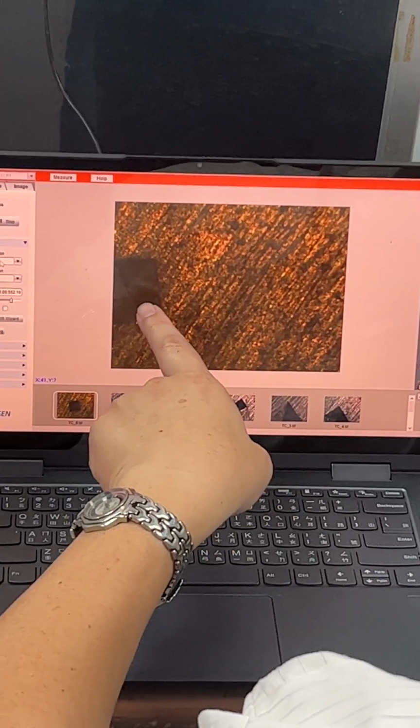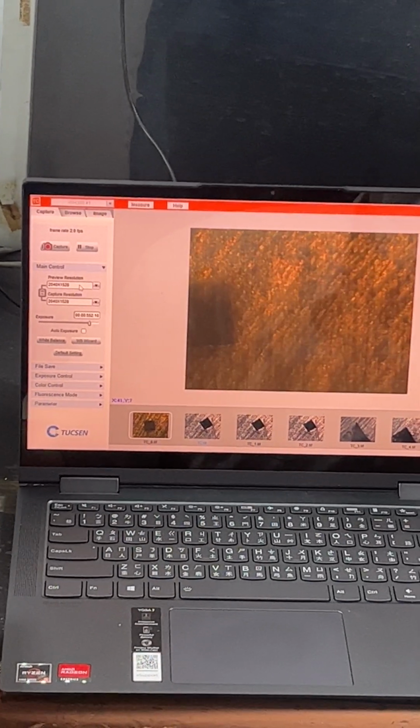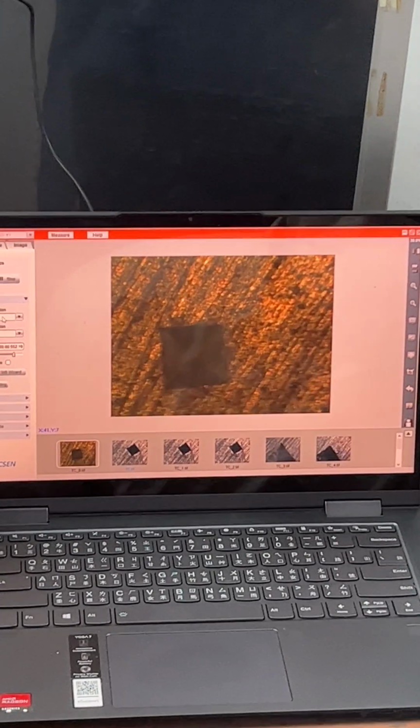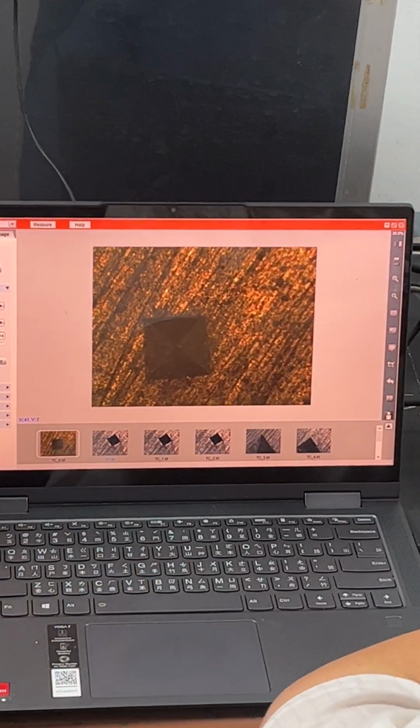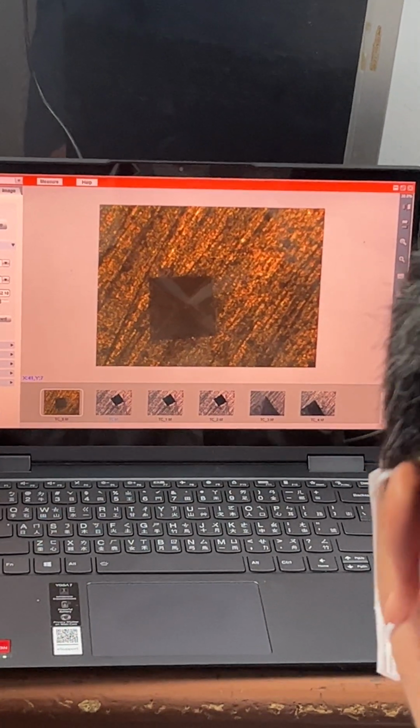Okay, for example, if you want to have a look at this one, this is an indentation mark we made before by using the Vickers.